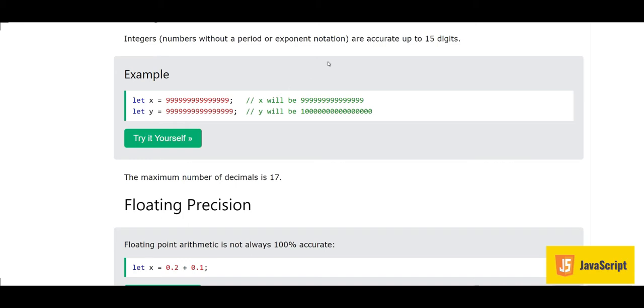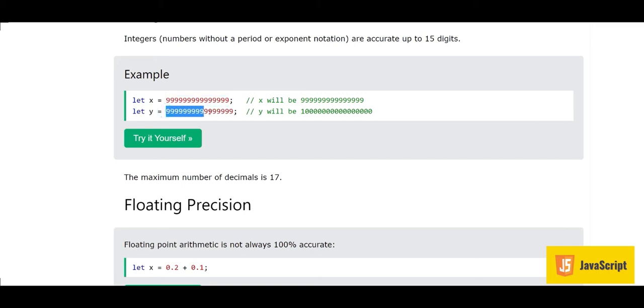So how long can a number be in JavaScript? Integers, numbers without a period or exponent notation, are accurate up to 15 digits. Here you can see an example. These are 15 nines, and this is the maximum accurate number in JavaScript.